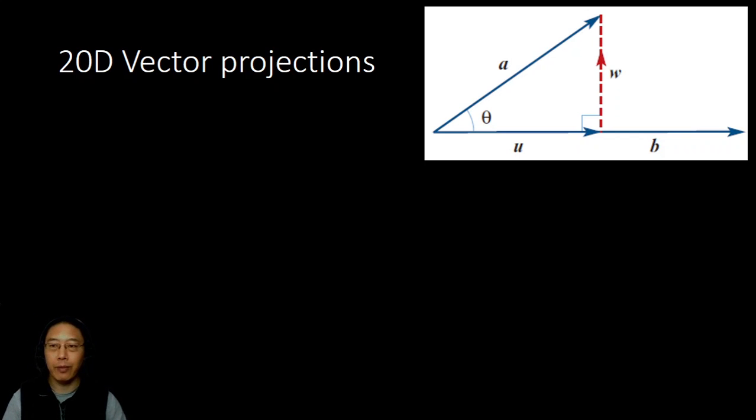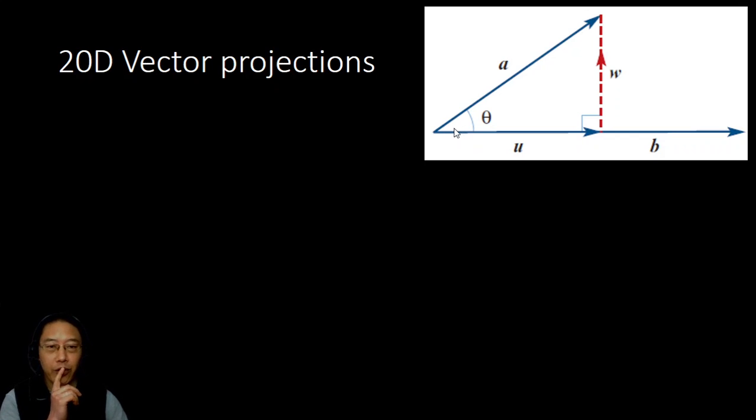So let's go back to the basics. How do we do a projection of a vector? First you have your vector A, which is in a random direction, at an angle theta to its component u.